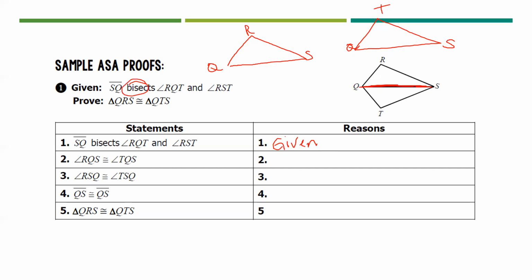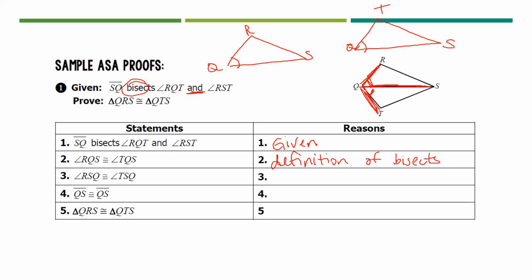And it's saying that SQ is bisecting angle RQT, which means that this angle is being cut in half. So angle RQS and angle TQS have to be congruent. I'm going to mark that in my picture, and that's exactly what the second step is saying here. So this will be the definition of an angle bisector. You're going to see me write bisects, that's okay.